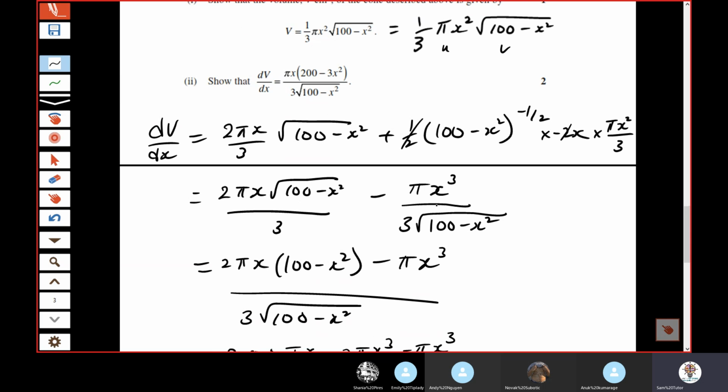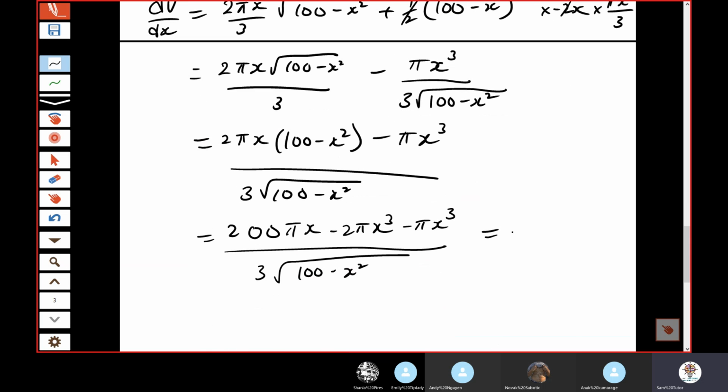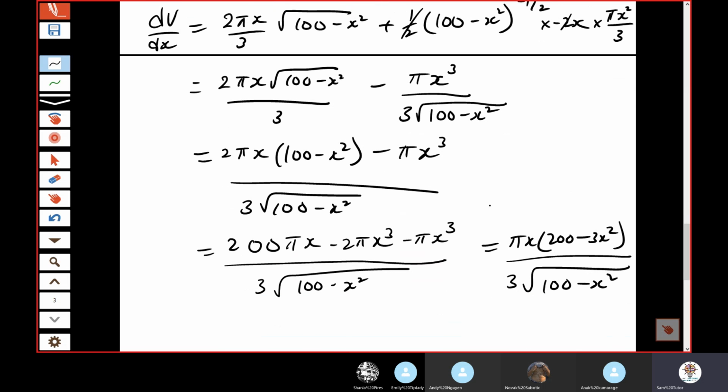Which equals, what did they do? Pi x, 200 minus 3x squared on 3 square root 100 minus x squared. Done. That also wouldn't have been too bad.